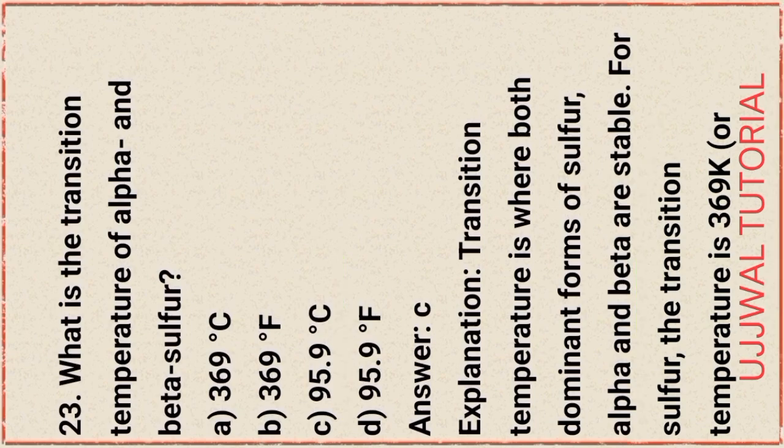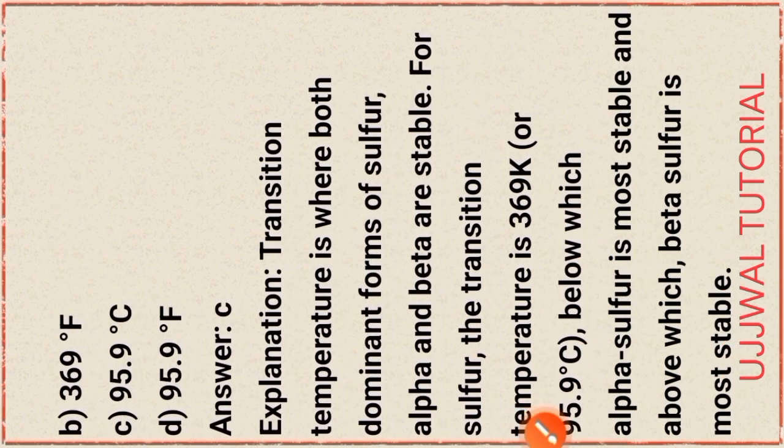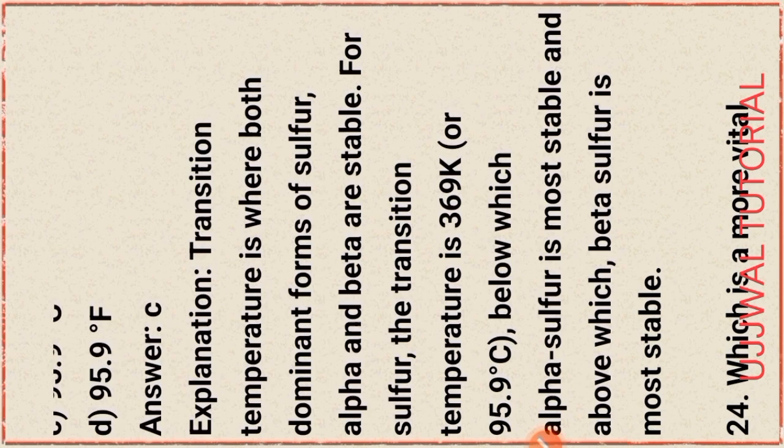For sulfur, the transition temperature is 369 Kelvin or 95.9 degrees centigrade, below which alpha sulfur is more stable and above which beta sulfur is more stable.